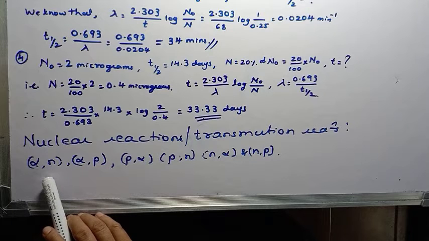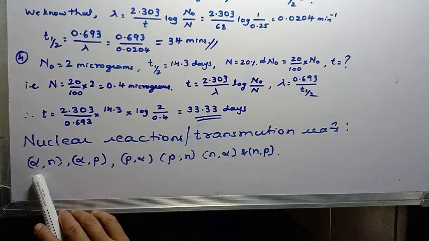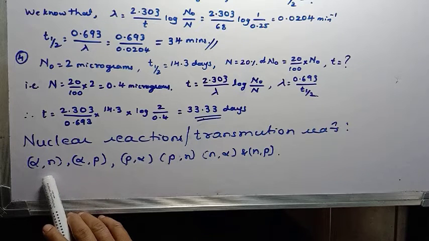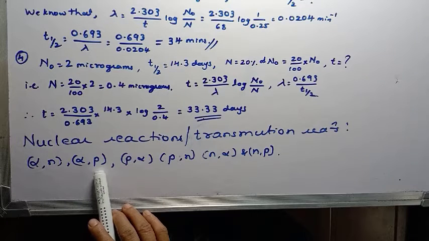In that device, we can impart certain energy to the alpha particle, and when such alpha particles are allowed to bombard a nucleus, they will penetrate the nucleus and the reaction will take place, and thereby a new element will be formed with the liberation of either neutron or proton.